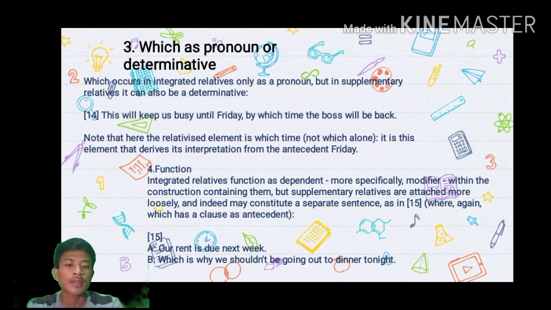Look at the example. A: Our rent is due next week. And B: Which is why we should not be going out for dinner tonight.